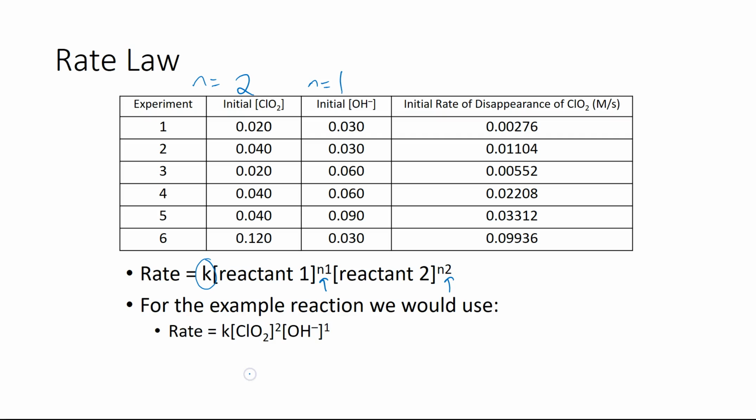So the way that would look for this particular reaction is the rate of my reaction would be equal to the rate constant of this reaction times the molarity of ClO2 to the second power times the molarity of hydroxide to the first power. And now notice the 2 and the 1 came from right there.